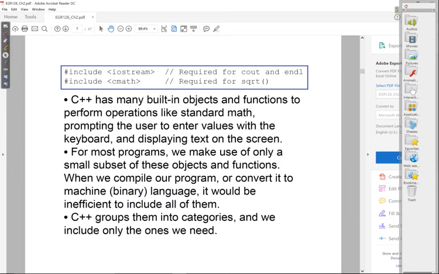The whole idea behind these 2 lines is this. As this slide says, C++ has a lot of built-in functions, or built-in commands, probably a couple hundred. Are you going to need every single one of those commands in every program that you write?